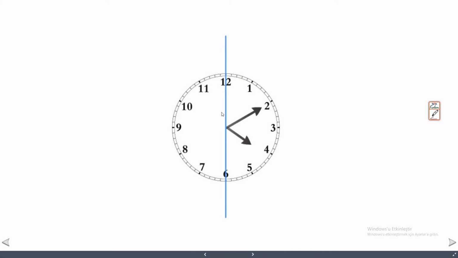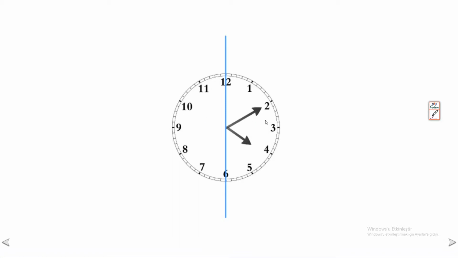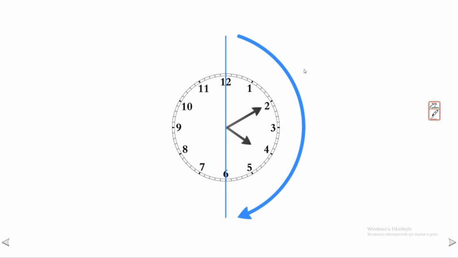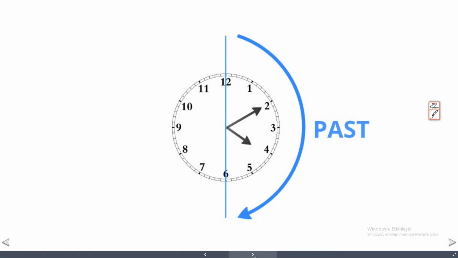Okay, and as you see, we have two sides in the clock. This side is past, and this one is a quarter.